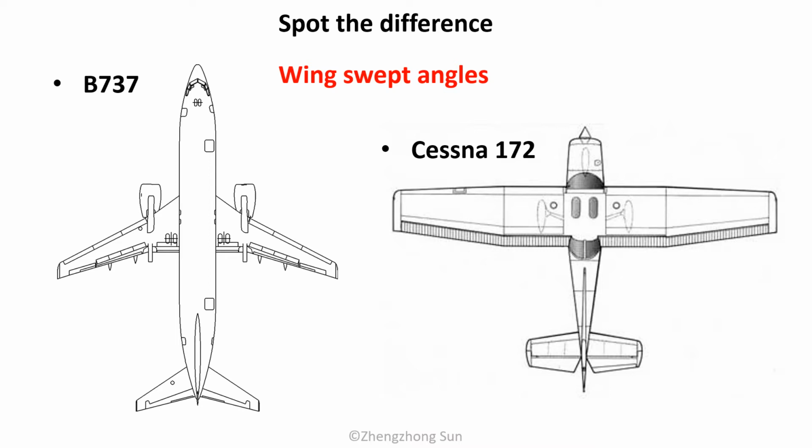So one wing we call the swept wing, the other wing for the Cessna 172 is a straight wing. And do you know why the Boeing 737 uses a swept wing, but the Cessna 172, which flies slower, uses a straight wing? This is a question we should be able to answer when we finish the subject of transonic aerodynamics.